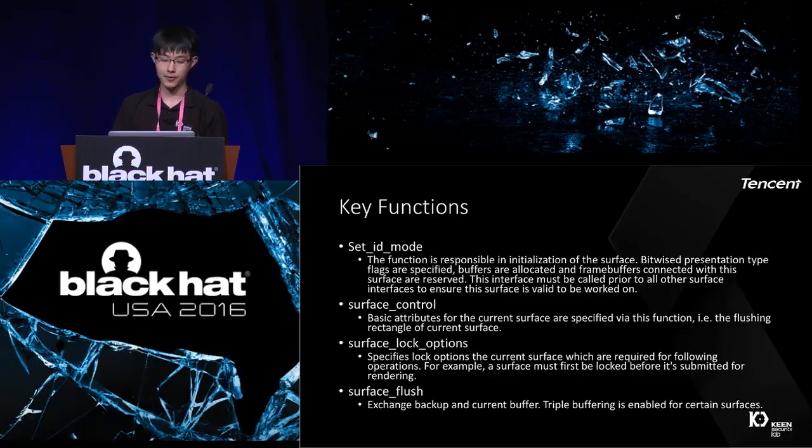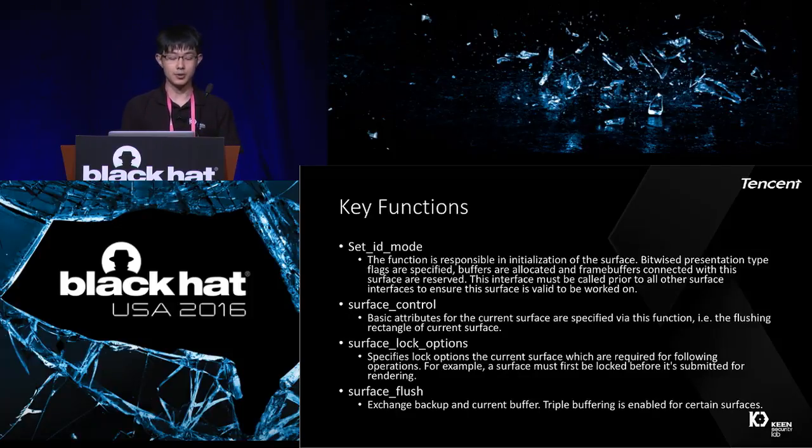There are the first 4 key functions in this IOAccelerator surface. The first is set ID mode, the second is surface control, the third is surface lock options, and the fourth is surface flush. Set ID mode is responsible for the initialization of the IOAccelerator surface, and user mode applications provide a presentation type, which is an integer that will be interpreted in a bitwise format by the kernel driver.